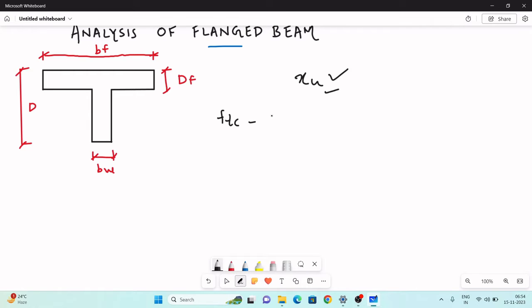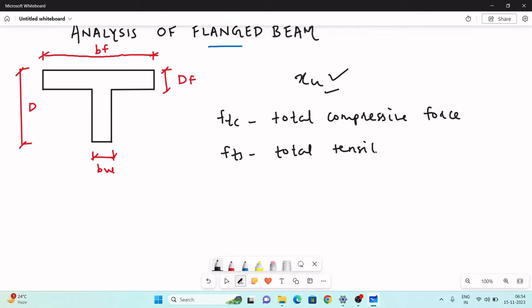This is the total compressive force of the flanged beam, and FTS, the total tensile force of the flanged beam. Now you see what will be given to you to find FTC and FTS.